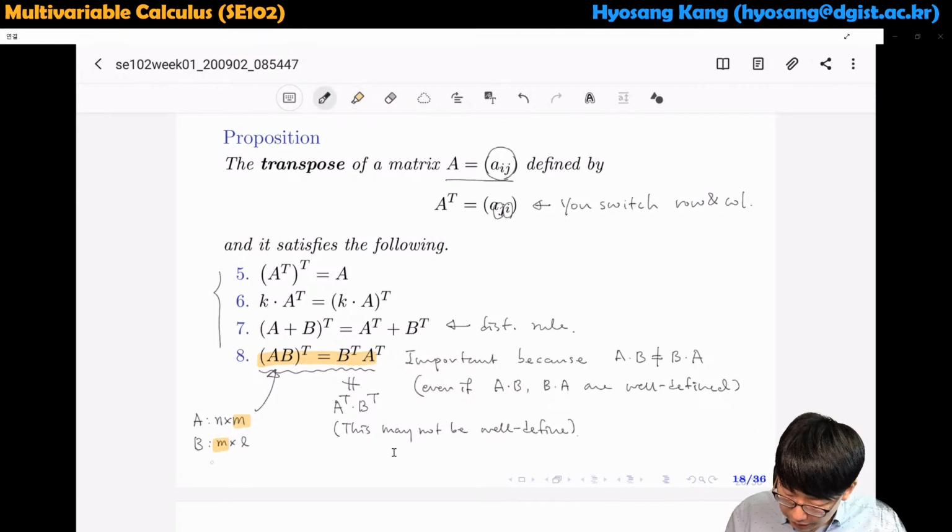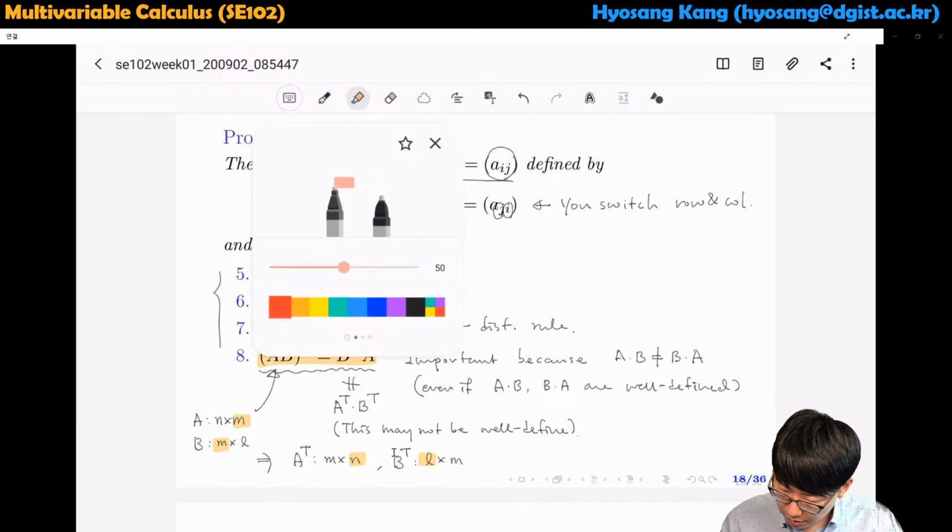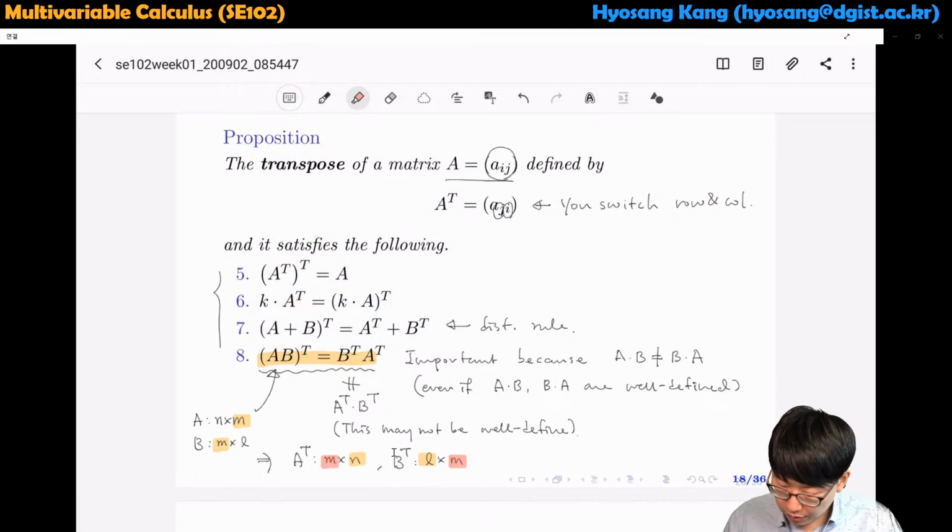But let's take the transpose of A. Then the size is m times n, and the transpose of B is of size l times m. So you cannot in general multiply A transpose and B transpose in this order, because n and l can in general be different. However, if you take B transpose with A transpose, then you have the same m right here. So you can multiply B transpose with A transpose.